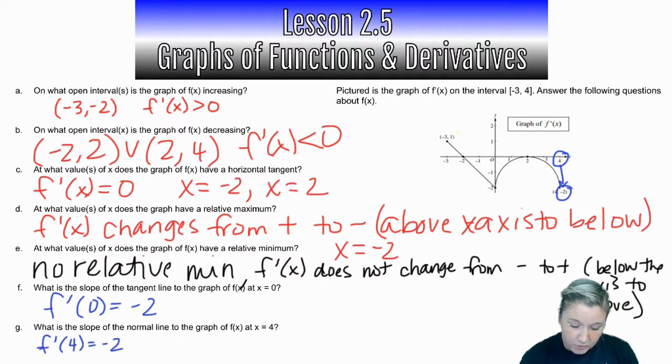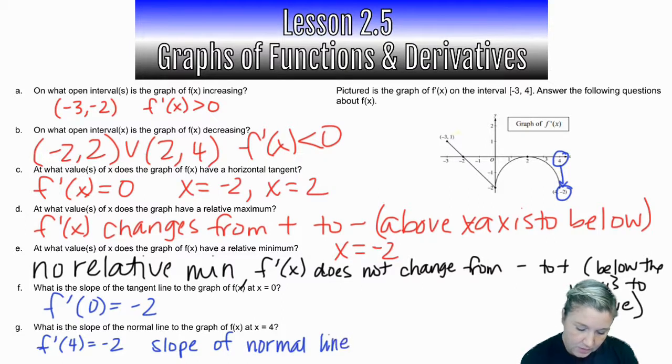So the slope of the normal line, remember, is the opposite reciprocal because it is perpendicular. So we're going to have a positive 1/2, because that is perpendicular to the tangent line at 4.